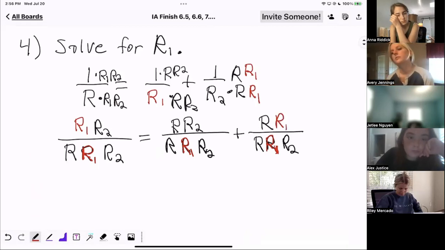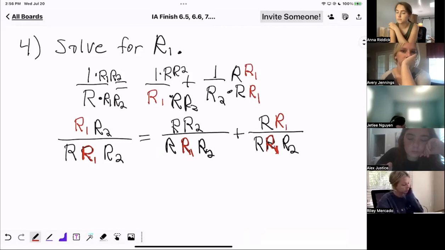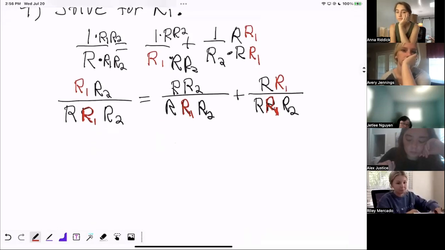Lots of red everywhere. But it gets easier because I have all common denominators and I have an equal sign, which means all I need is the numerator. The denominator is gone.